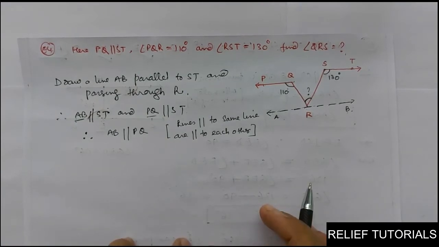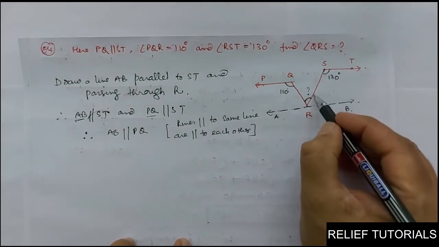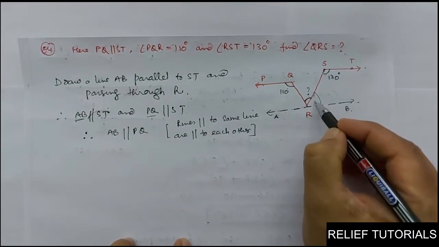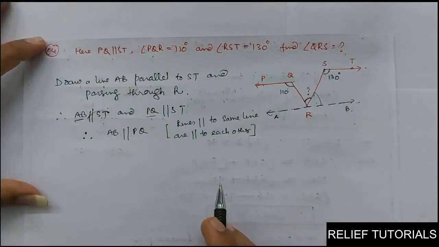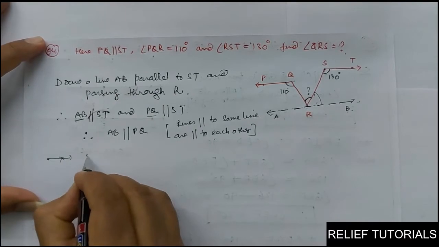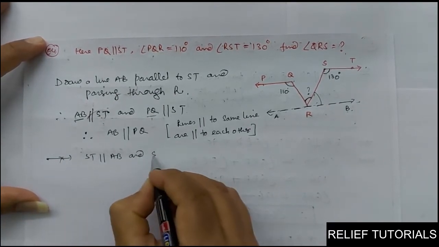Now see. So now I can say this AB is parallel to ST. So these two angles are interior angles on the same side of the transversal. So the total will be 180. So now ST is parallel to AB and SR is transversal.